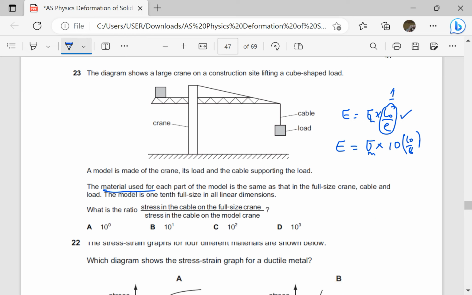So now let me equate the equations. Stress of the full size scale times L naught over E should be equal to stress for the model times 10 into L naught over E. So this has cancelled. It means stress for the large scale over stress for the model should be equal to 10. So the ratio here is going to be 10, and the answer is automatically A.